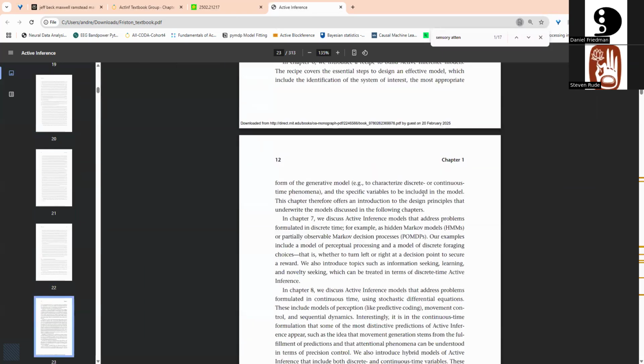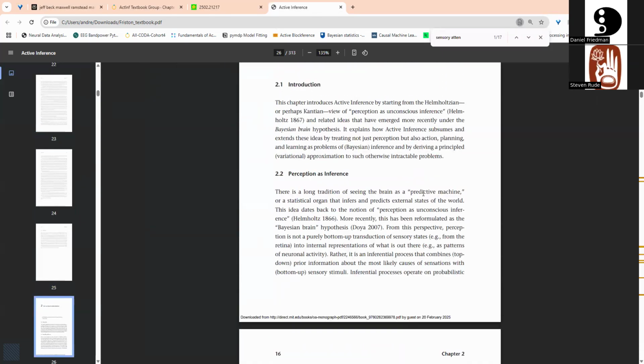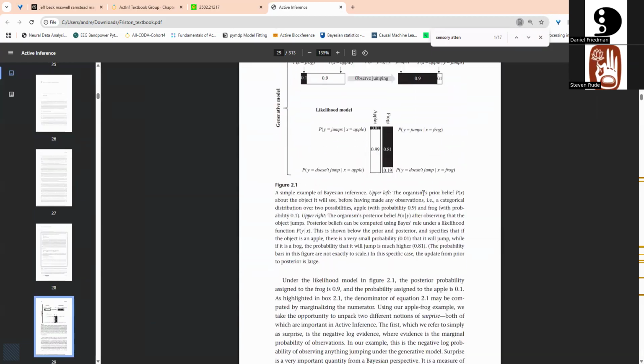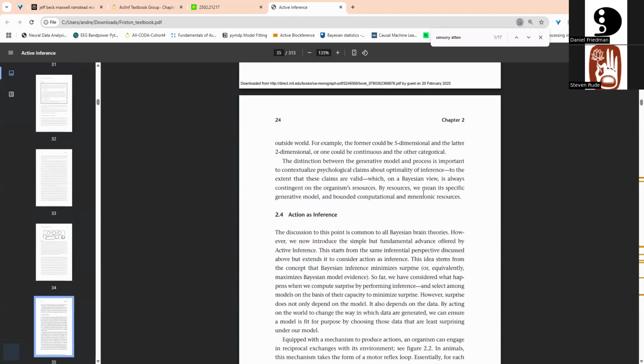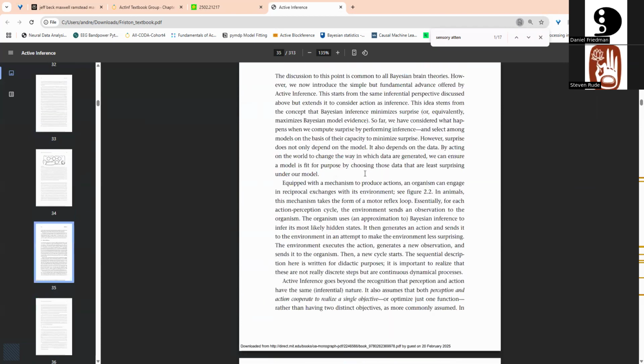In my mind, there are parallel paths. There's the motor command and the internal copy. It's called the inference copy motor command.